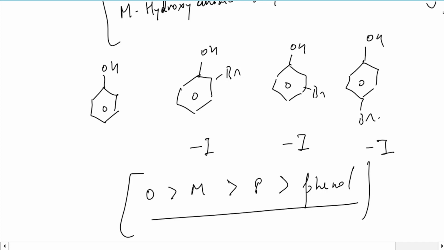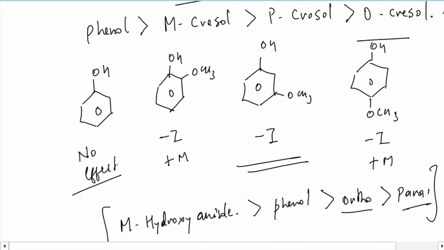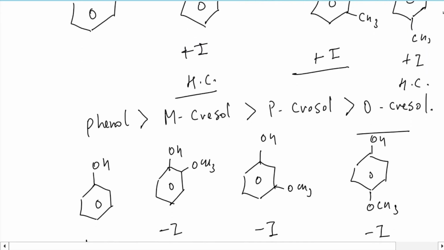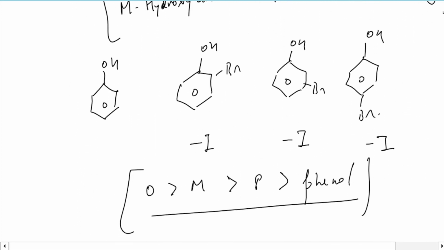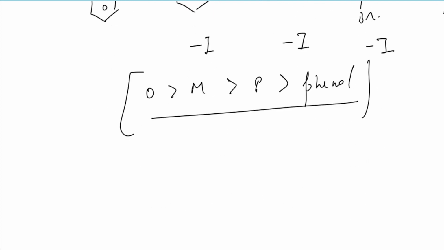But here the reactivity is decided by inductive effect because that's more dominating in case of halogens, being highly electronegative. So in their case, the inductive effect is dominating over mesomeric, but in the earlier case, like in methoxy, the mesomeric effect is dominating. Only this is the case where inductive is dominating.